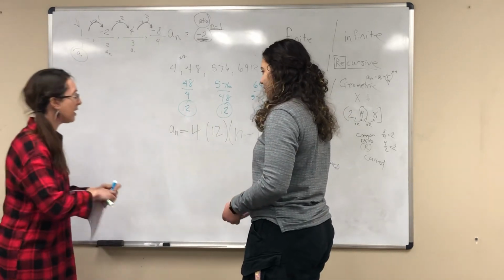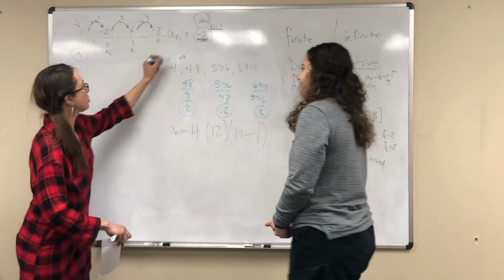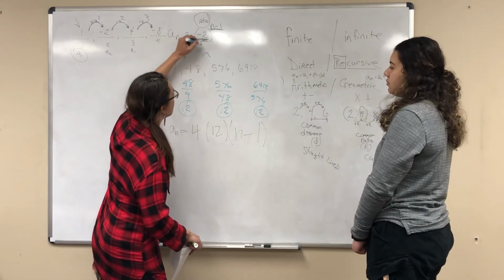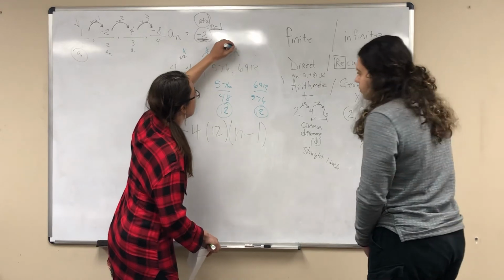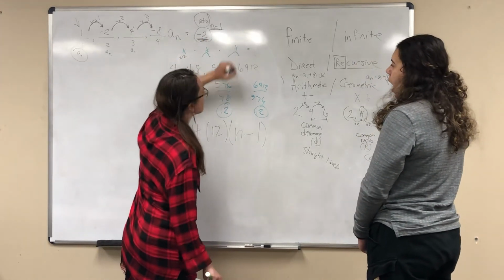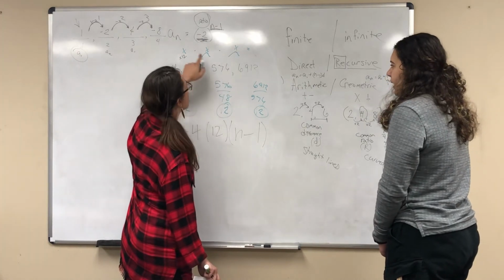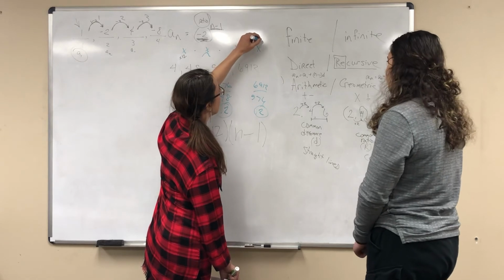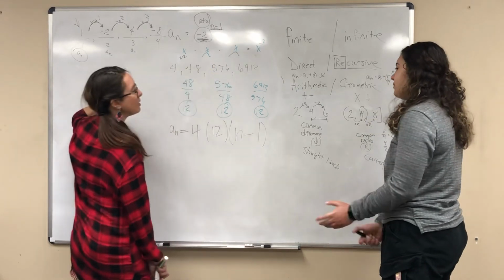Let's think back. If I am jumping 12 times, let's just call it x. And I'm jumping the same again, x. And I'm jumping the same again. So I have x times x times x. How would I rewrite this? X cubed.